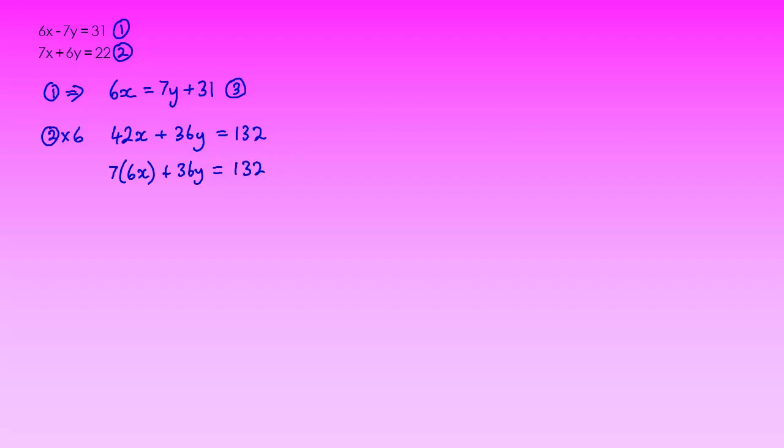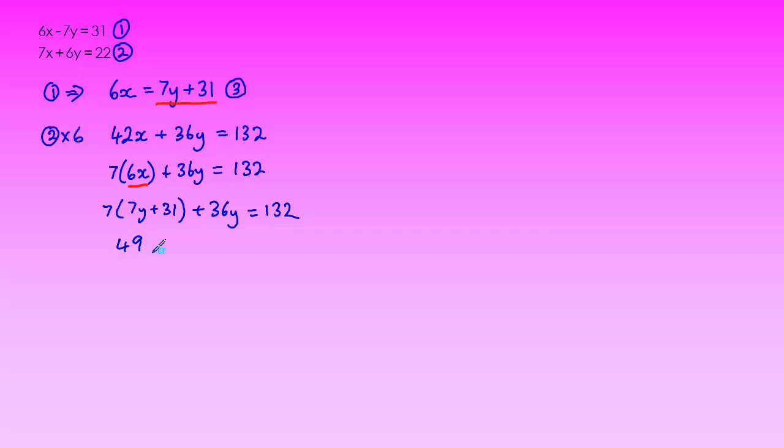And then what I can do there is replace this 6x with 7y add 31. So 7 lots of 7y add 31 add 36y is equal to 132.